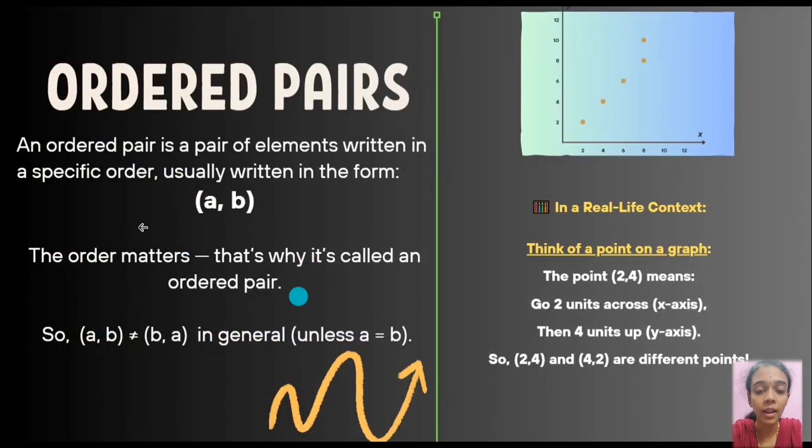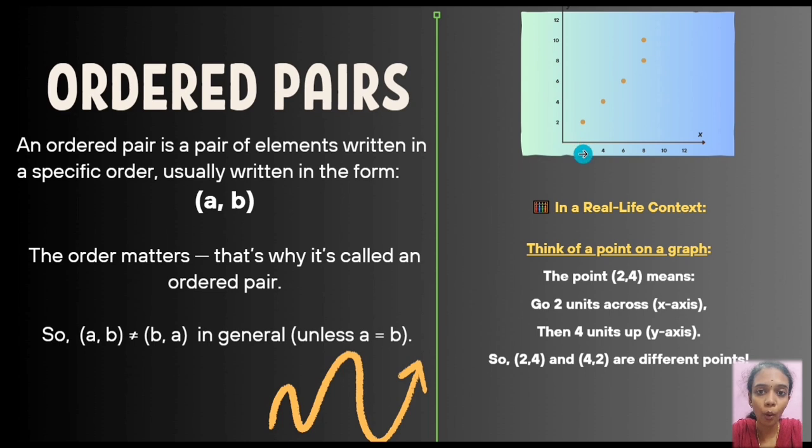Before that, let's take a look at what an ordered pair is. An ordered pair is just a pair of numbers written in a specific order, like this: A, B. The first number is the x coordinate and the second is the y coordinate. That's why we say order matters. For example, look at this graph.